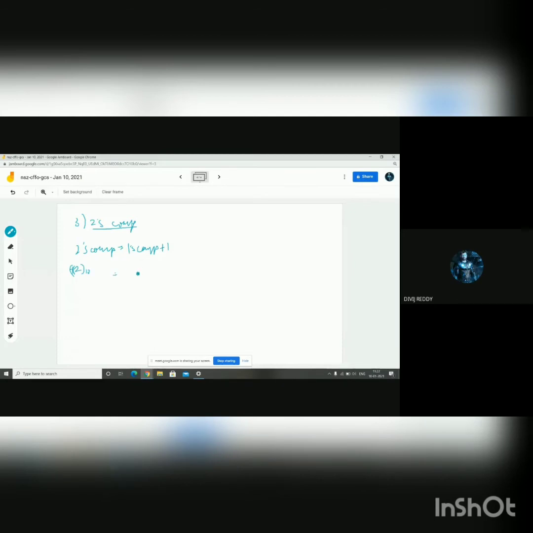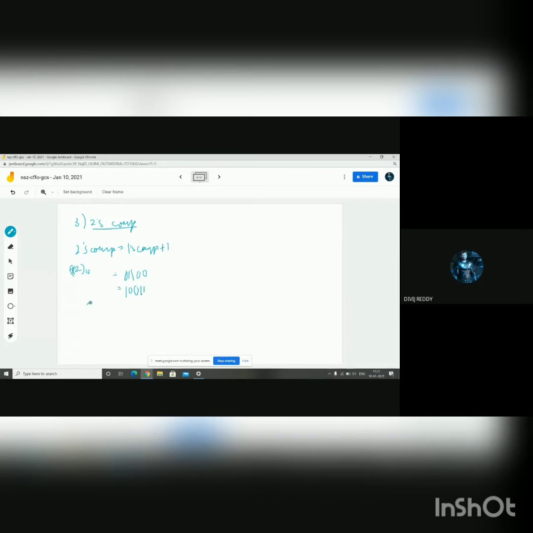Firstly let us write the binary code for plus 12. Now the one's complement of 12, that is the binary code of minus 12, is obtained by flipping the bits.